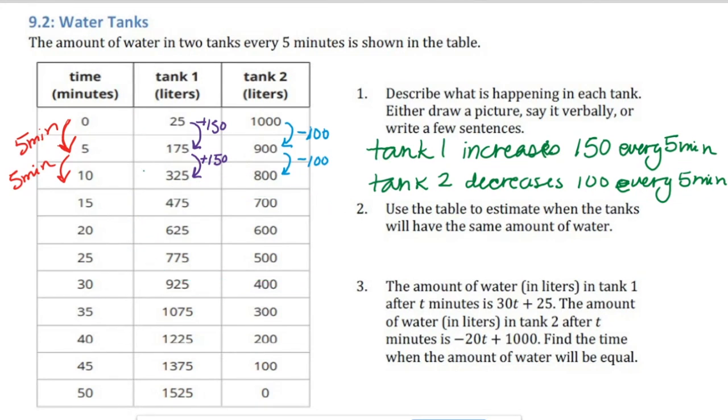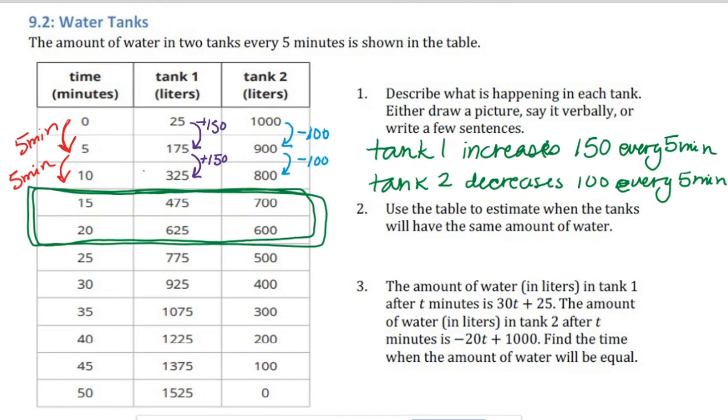So if it was me, I would look here and I would say, well, at some point between 15 and 20 minutes, they have the same amount of water, right? Because in tank 1, 475 becomes 625. And in tank 2, 700 becomes 600.